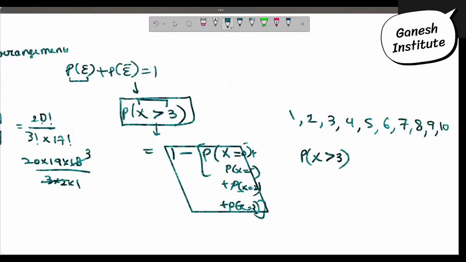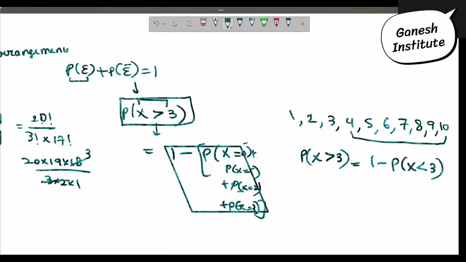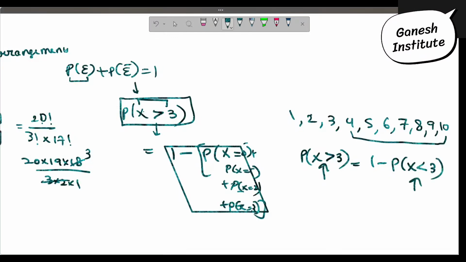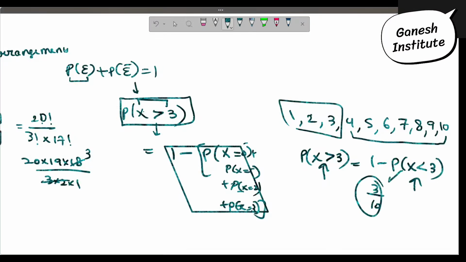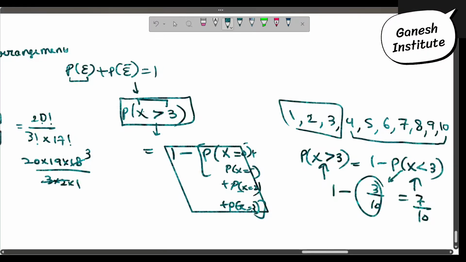Instead of counting this way, can't I do 1 minus the probability that x is less than 3? This is the happening of an event, and this is the not happening of an event, right? So that is simply 3 by 10, and 1 minus 3 by 10 means 7 by 10, right?